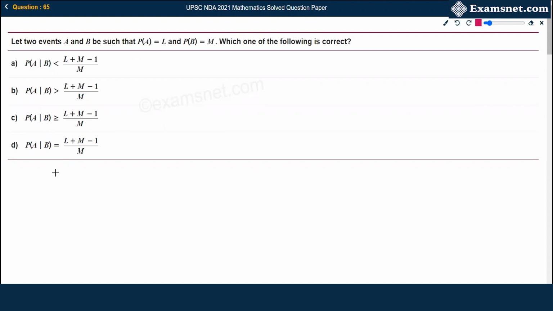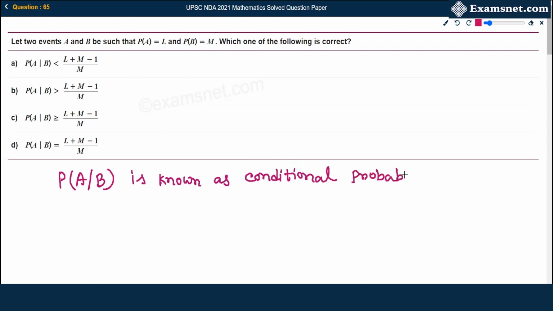Now, first of all, let me tell you that P(A/B) should be read as the probability of A given B, and it is known as conditional probability.